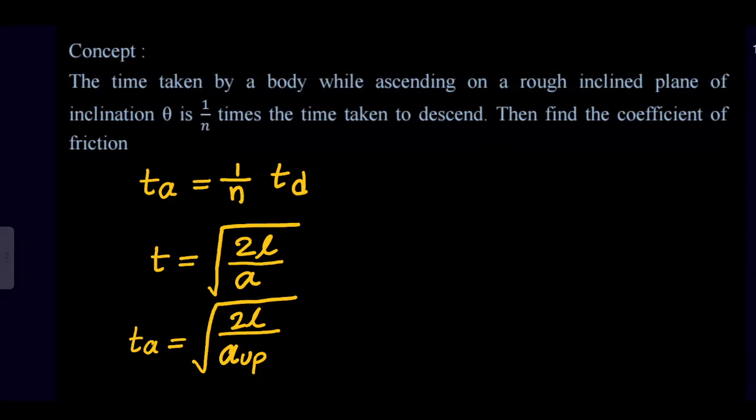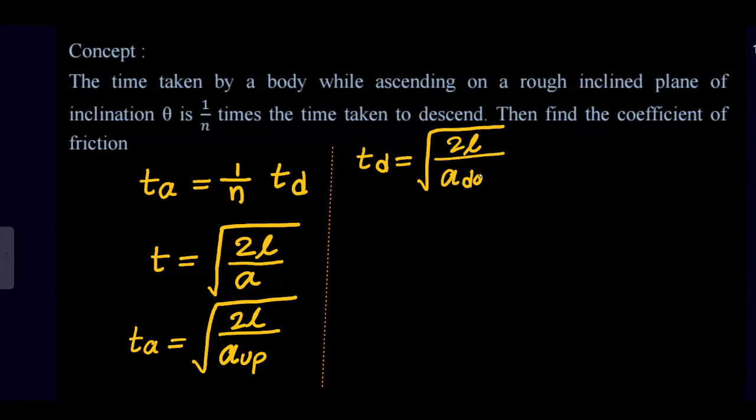Next, TD. The time taken to descend is equal to square root of 2L by A down, since the body is moving down, so we have to use the A down formula.